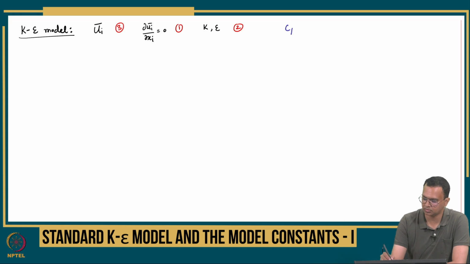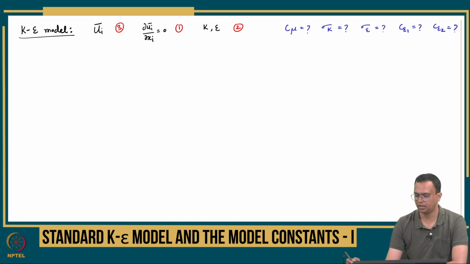So we had C mu, sigma K, sigma epsilon, and then C epsilon 1, C epsilon 2. If I know these 5 model constants, then we can go ahead and solve the equations. So we will see how to get these 5 constants today.